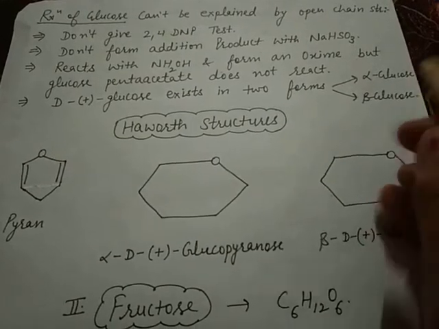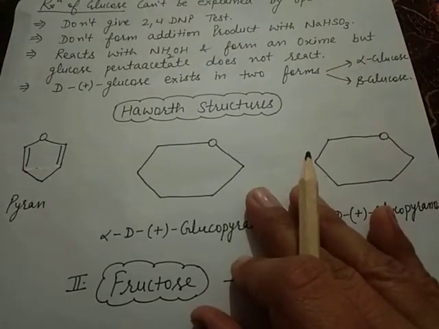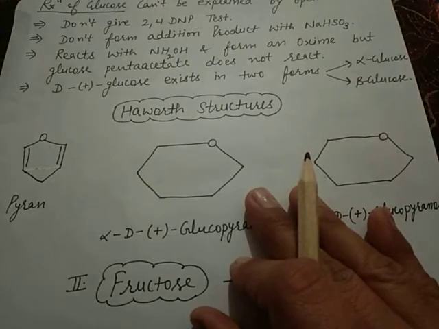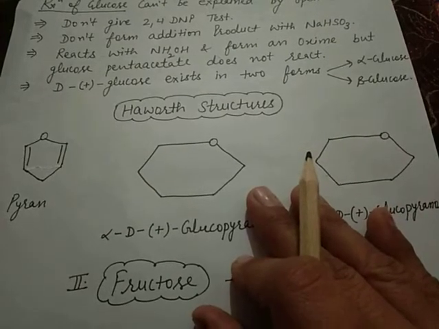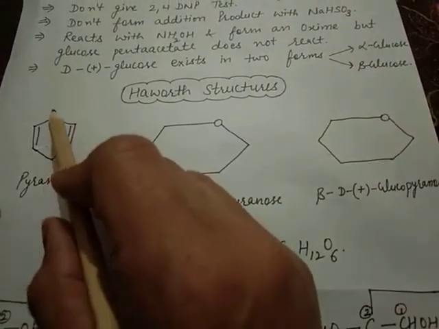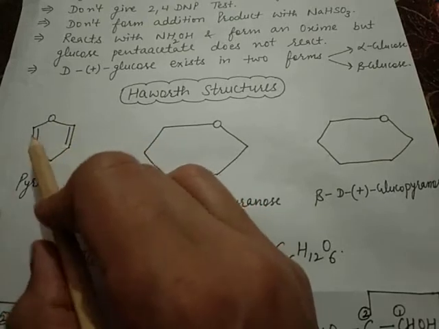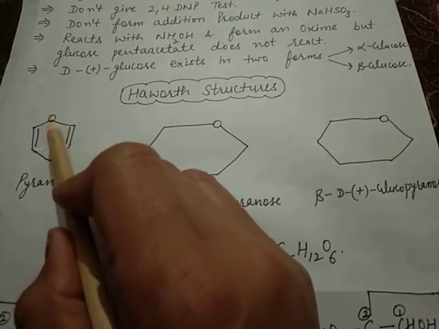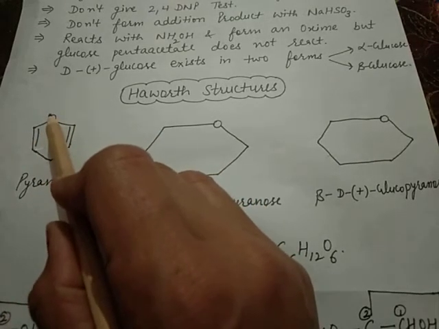Now, how will you write the Haworth structure of glucose? Since the hemiacetal is formed, how will you write it? Glucose is a 6-membered ring having an oxygen atom.